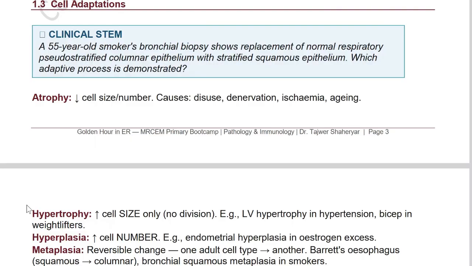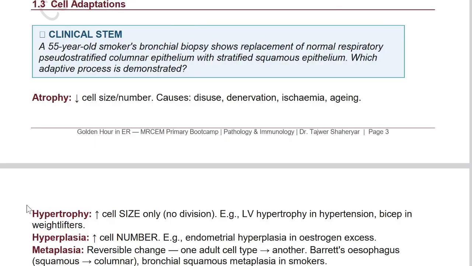This doesn't look like atrophy, does it? Then you've got hypertrophy. This is when there's increase in cell size only, okay? There's no division, just increase.